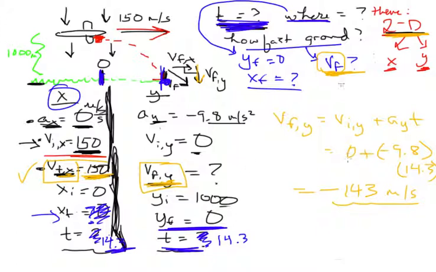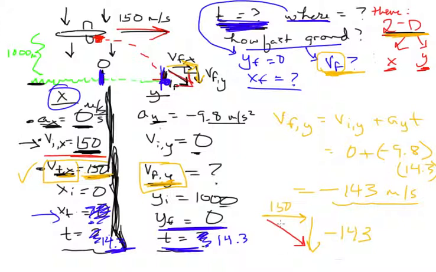Okay, so now what do I mean by taking x and y and making it 2D? Well, very simple, right? Your x component is 150, and your y component is negative 143. So what is v final? V final is two-dimensional again, meaning it's not entirely an x or y, and it's going like so.